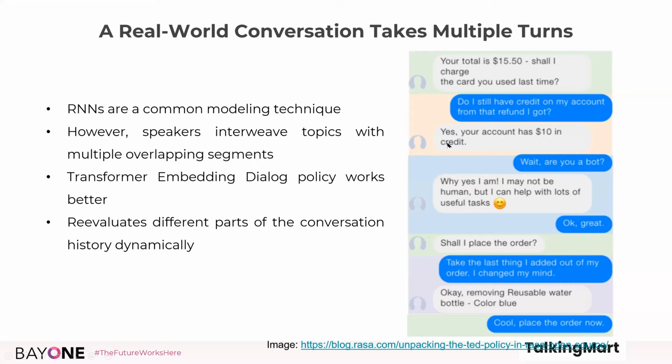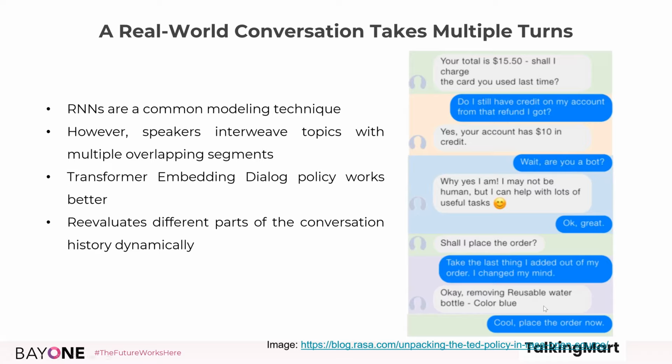So sure, it needs to answer that question, but it needs to remember the fact that, hey, I am still at that probably checkout stage where I need to charge the card. You answered that. Now the human completely takes a different turn and says, hey, are you a bot? So detect the fact that this particular thing is merely chit chat, a general question, give a general answer, but bring the user back to what was the important point. You want to collect their money.